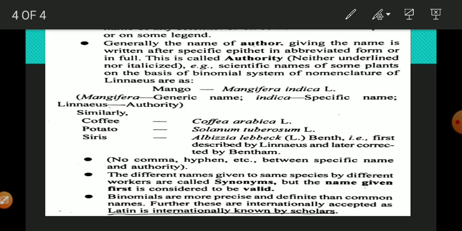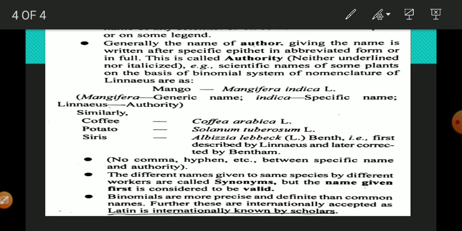Similarly, binomial names are more precise and definite than common names. Further, they are internationally accepted, Latin being internationally known as the language of scholars.